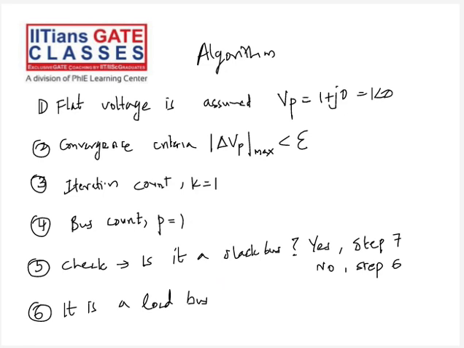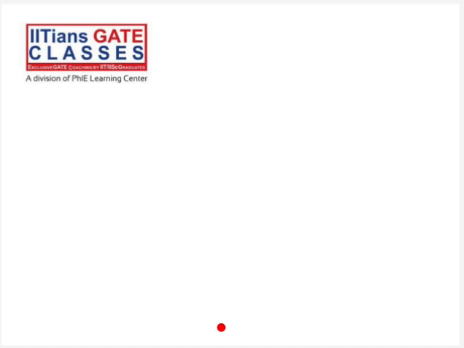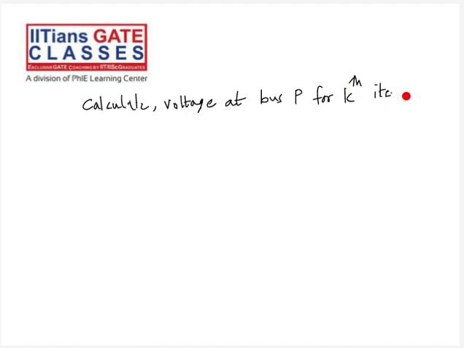So if it is a load bus, what we have to do is calculate the voltage at bus P for the kth iteration. How do we calculate that?